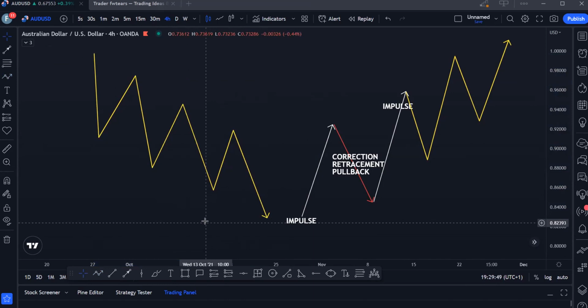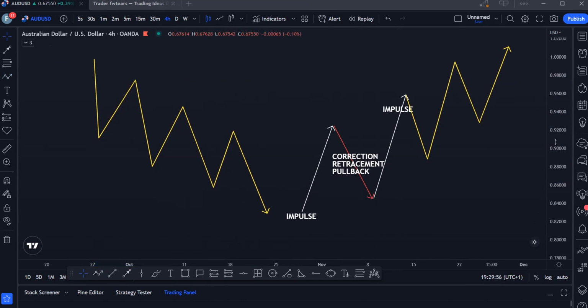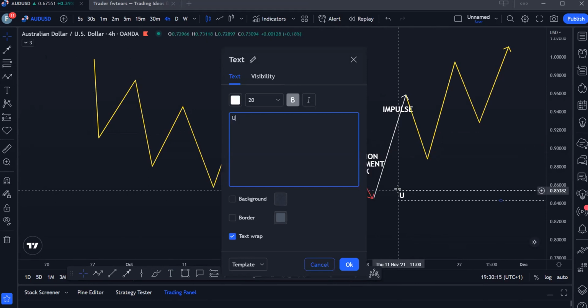If it is not clear, please let me know in the chat box, and then I'll do my best to reiterate. Okay, but just know that a trend is made up of impulse move, correction, and impulse. When price is gaining momentum upward like this, it is called an uptrend.